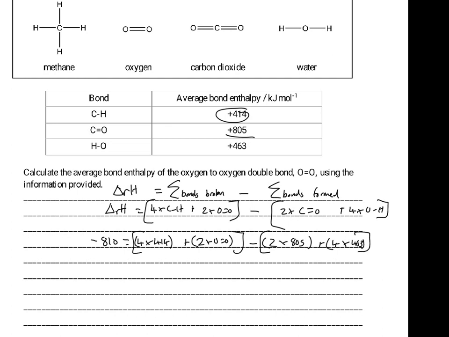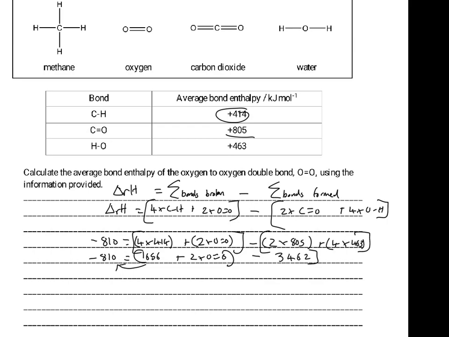Okay, and then it's just a matter of using your calculator and plugging in all the numbers. So minus 810 is equal to 1656 plus 2 lots of O double bond O minus, that ends up working out to 3462.